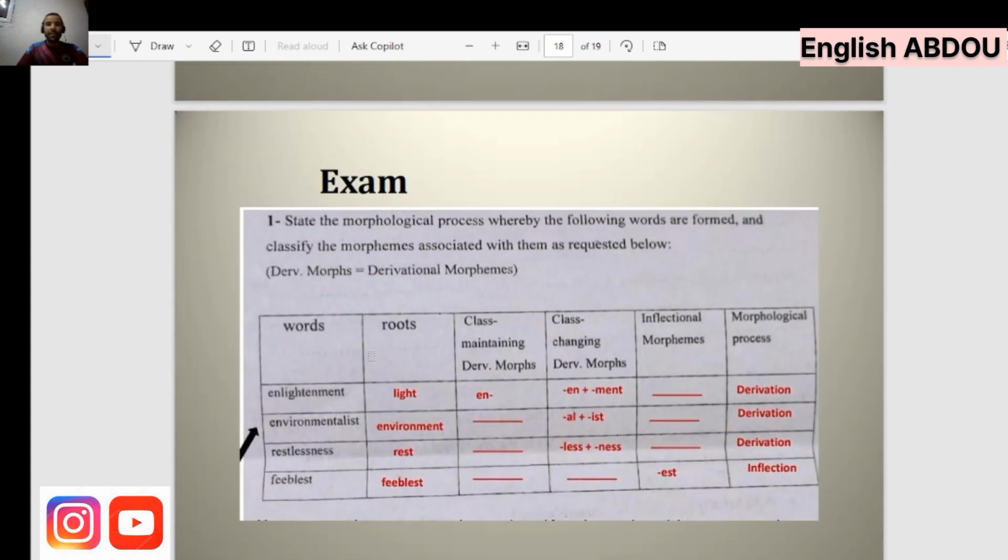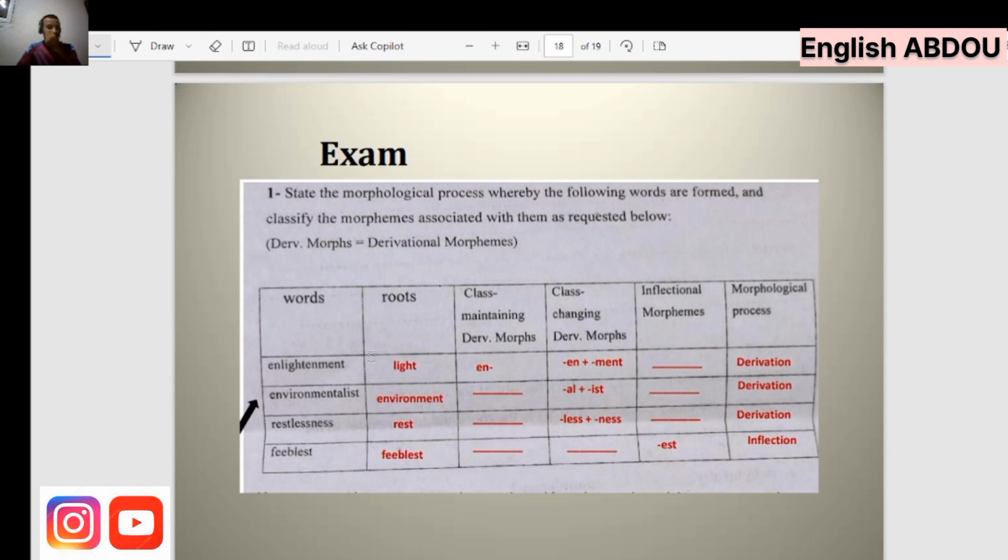And this is an exercise or an exam question that the teacher can give you, inshallah, like this. State the morphological process whereby the following words are formed and classify the morphemes associated with them as requested below.